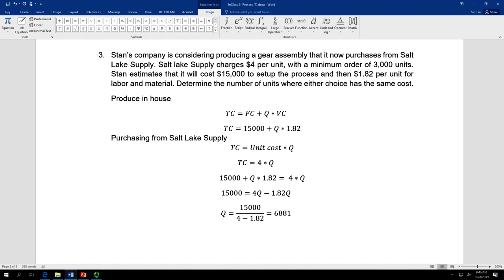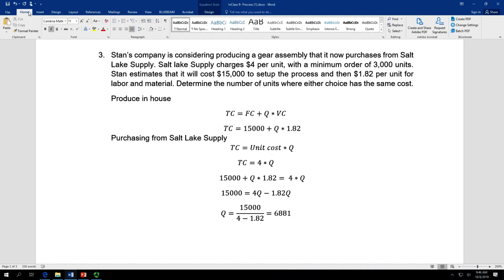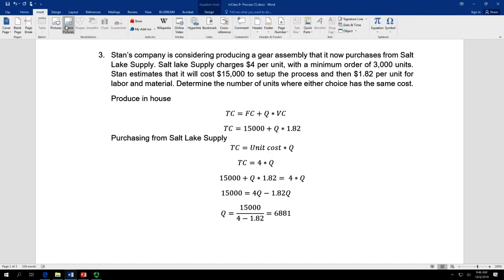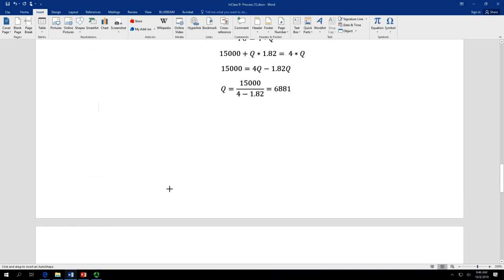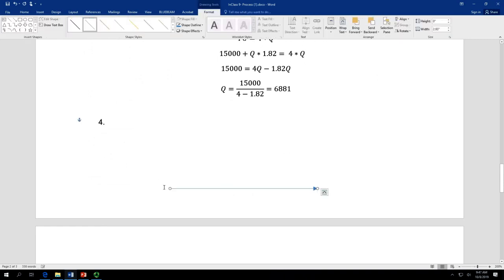And if you want to draw the lines of the two equations, the algebra will help you draw the lines. Okay, how about we draw the lines like this? So this is the Q, and here it is the total cost.